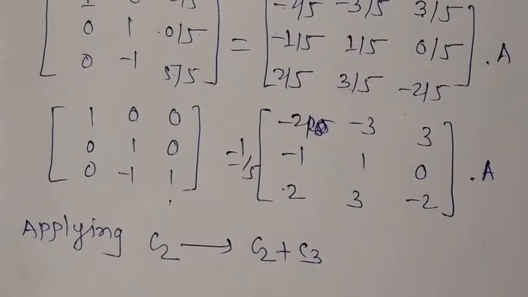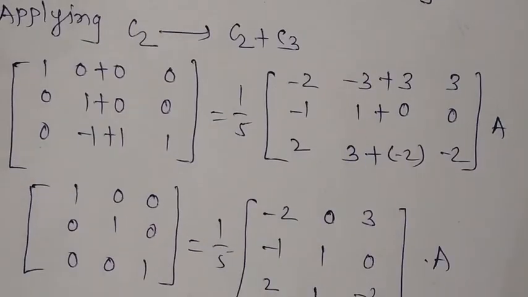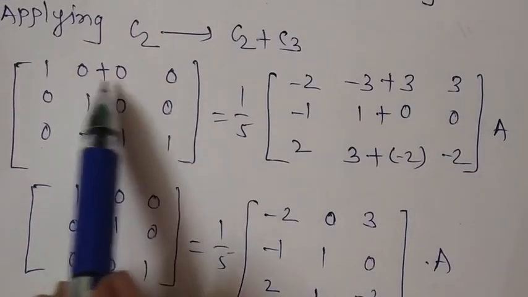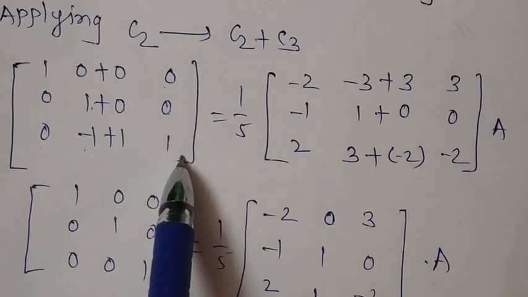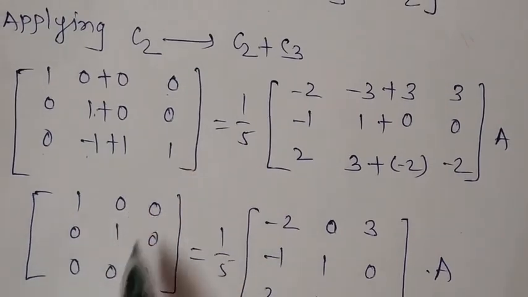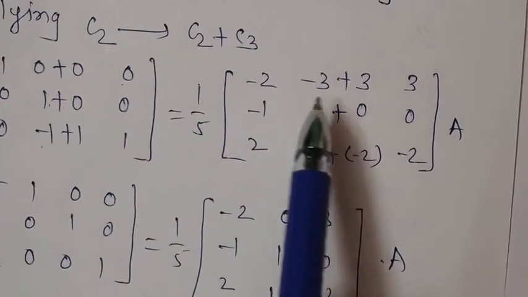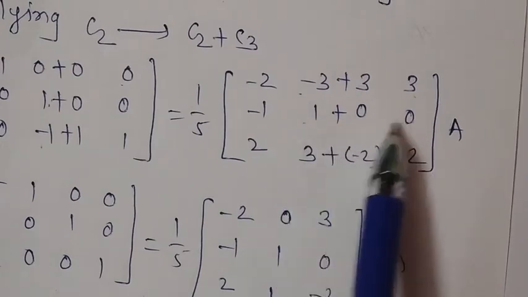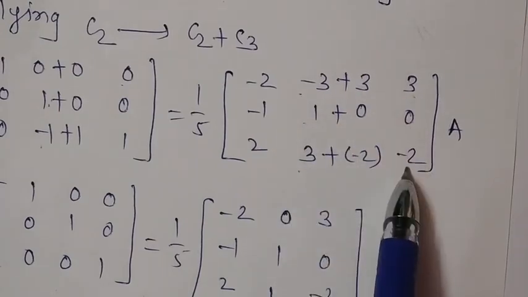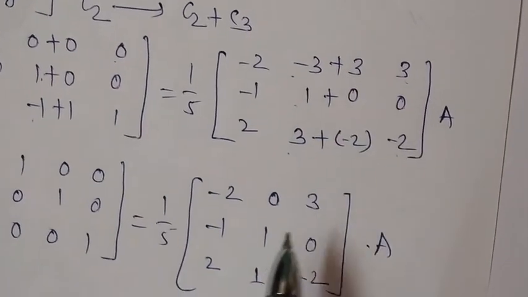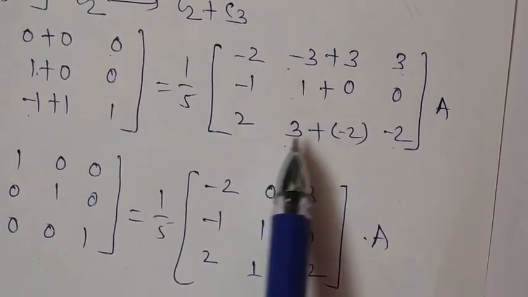Then our sixth step is completed. So 0 plus 0, 1 plus 0, minus 1 plus 1 becomes 0, 1, 0. The same step here again: minus 3 plus 3 is 0, 1 plus 0 is 1, and 3 minus 2 is 1.